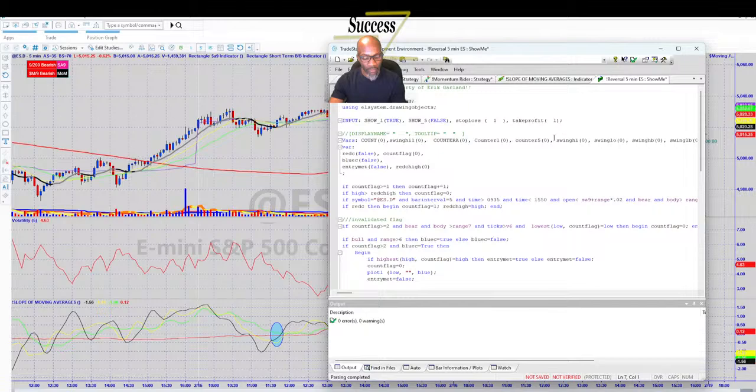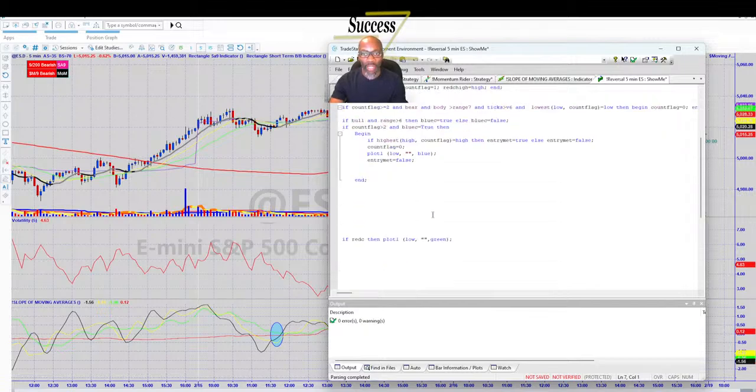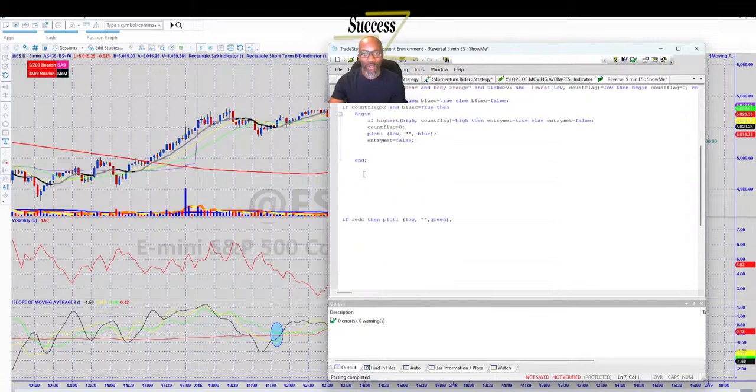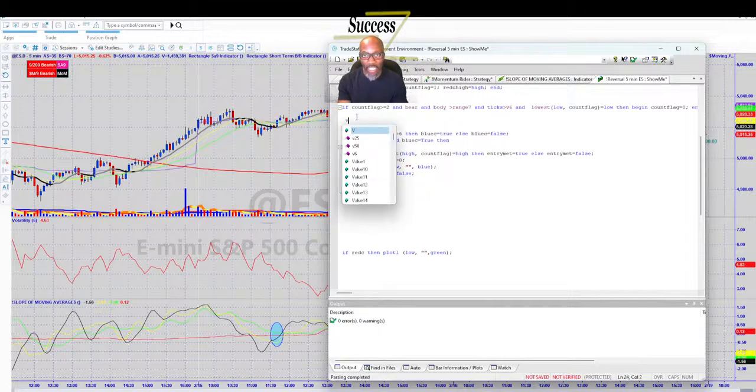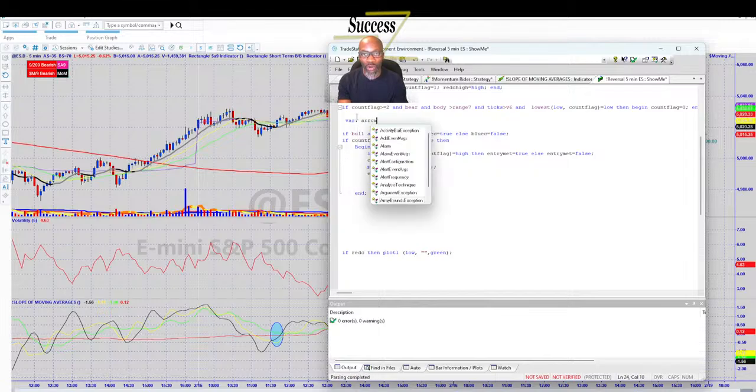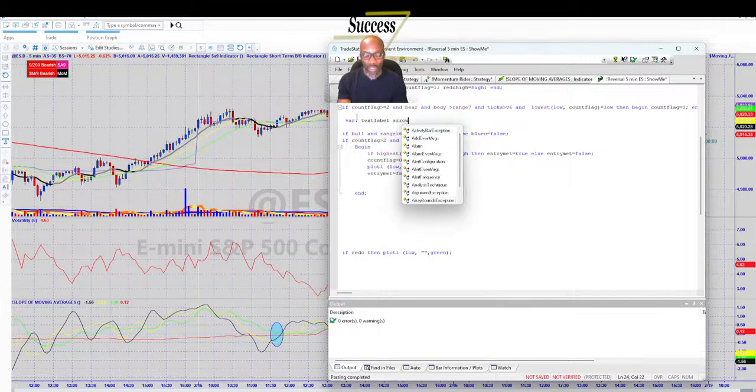Okay, all right, so now we can come down here and we'll just put it in here somewhere. It's not clean, but it is what it is. We're going to do arrow. We'll do text label, arrow, and then make that null.